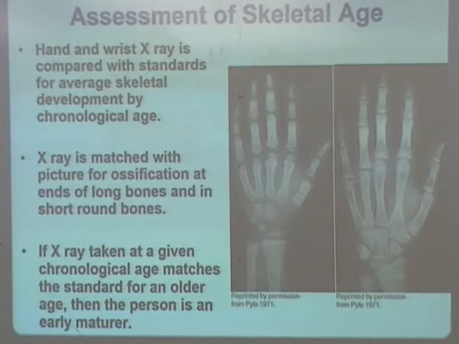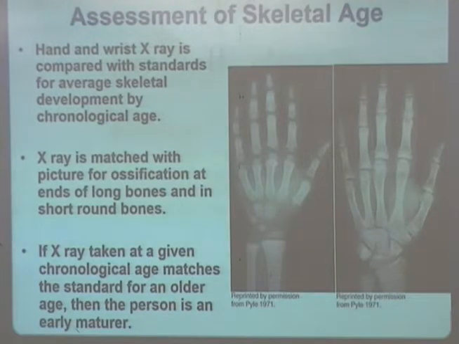So if I've got a child who's 8.5 and we X-ray them and their bones look like someone who is 7, then they're going to be a late maturer. If their bones look like someone who's 9, then they're an early maturer.